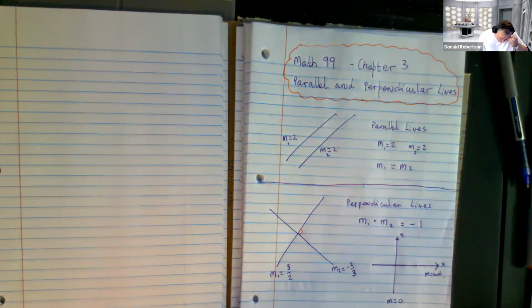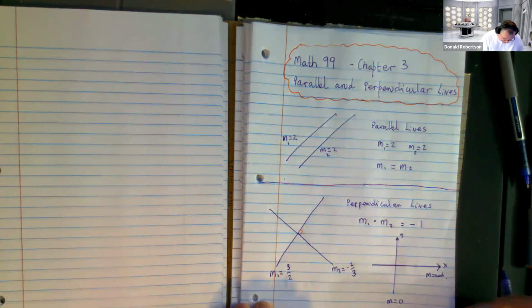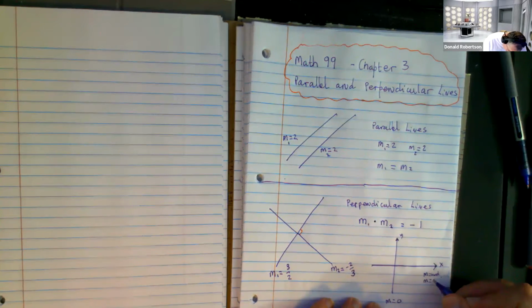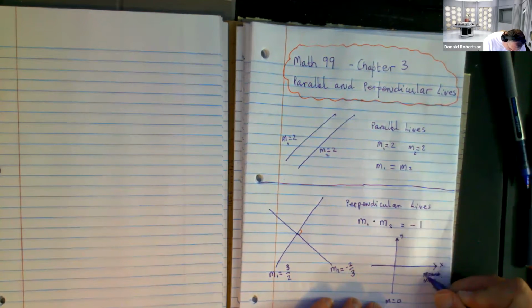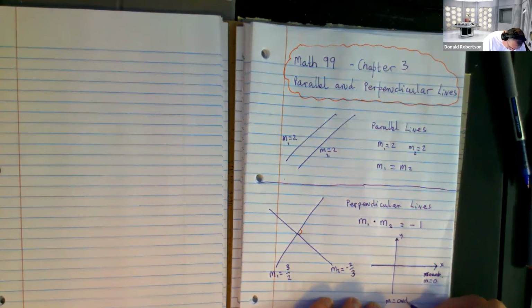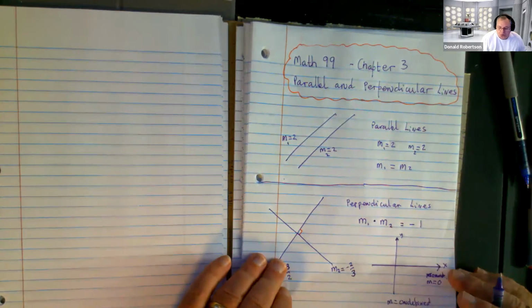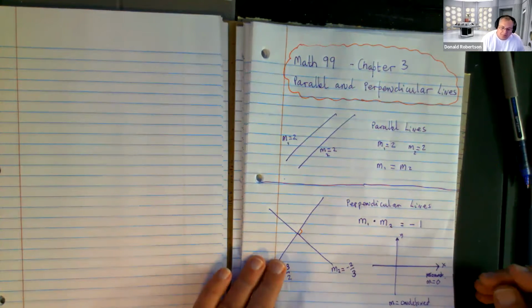I had it the wrong way around before: 0 for horizontal and undefined for vertical. If you get a horizontal meeting with a vertical, they are also going to be perpendicular.